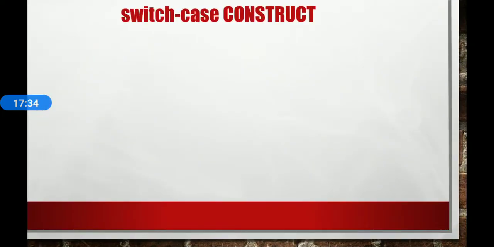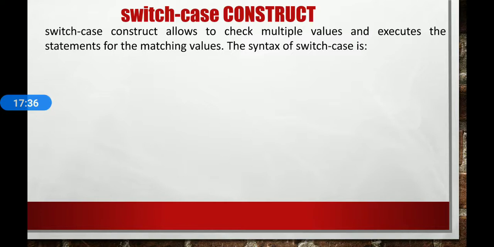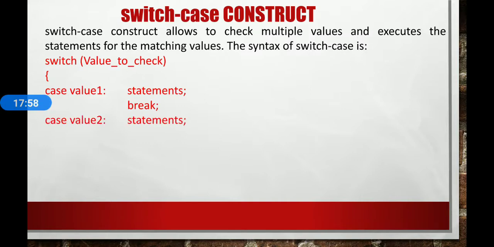Now let's see the switch case construct. The switch case construct allows us to check multiple values and execute the statement for the matching values. The syntax of switch case is: switch, then the value to check, then the curly bracket open, then case value 1, then a statement if the case is satisfied, then break statement, then another case, its value and the statement for that case, then again break, then another case value and statement, then break, and so on.